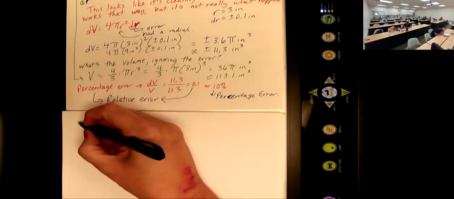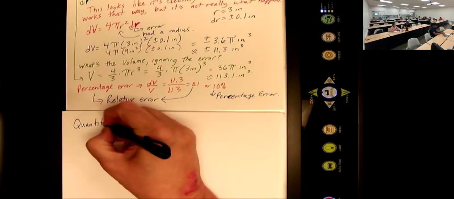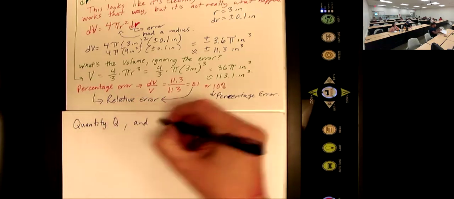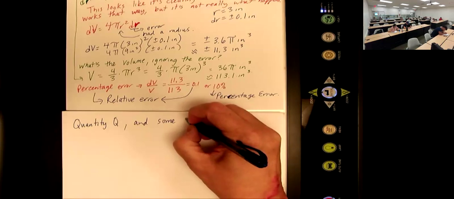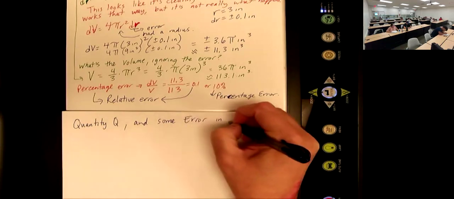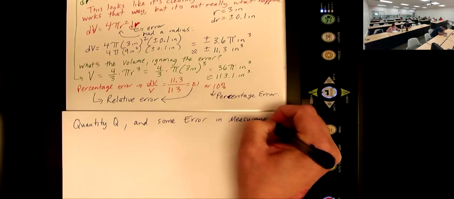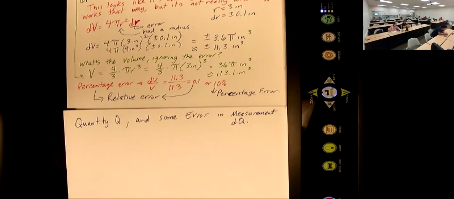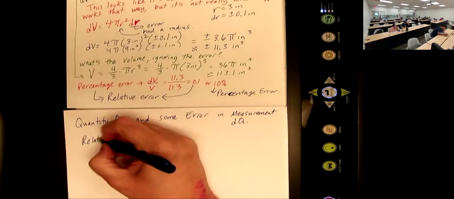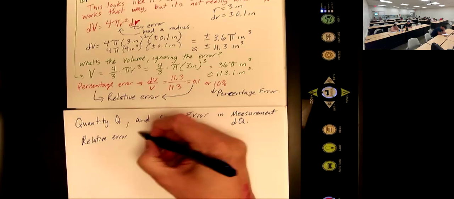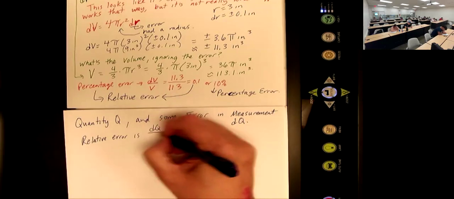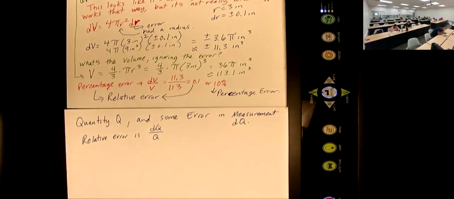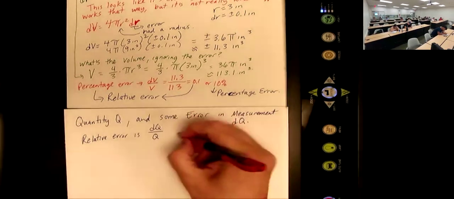We'll have the quantity Q and some error in measurement dQ. So as I was saying, the relative error is dQ over Q, and this is assuming Q is an exact value.